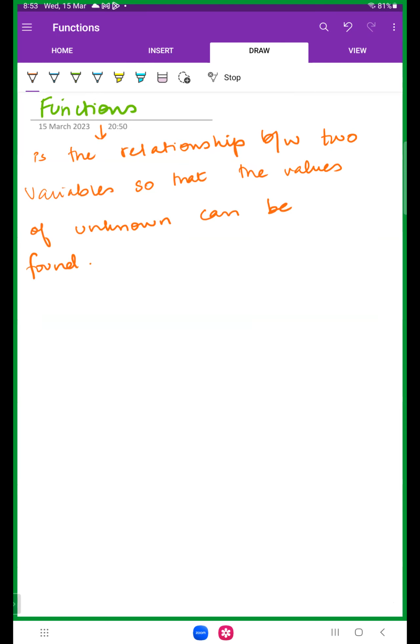Let's say I'm giving you an example: y is equal to 5x minus 2. Now, if y is equal to 10, am I able to find x? Yeah. So this is what a function is.